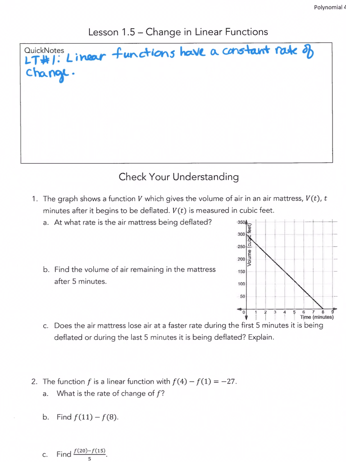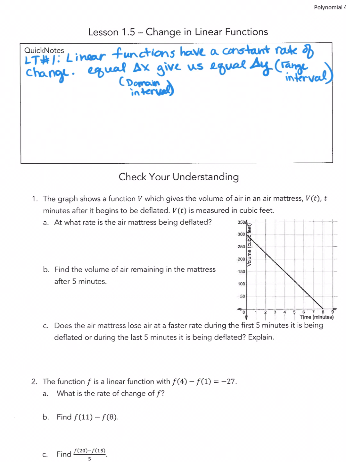We take equal intervals of the domain, and they give us equal changes in the output. Equal changes in X give us equal changes in Y, right? So equal changes in X, these would be our domain interval, give us equal changes in Y, which would be our range or output interval.